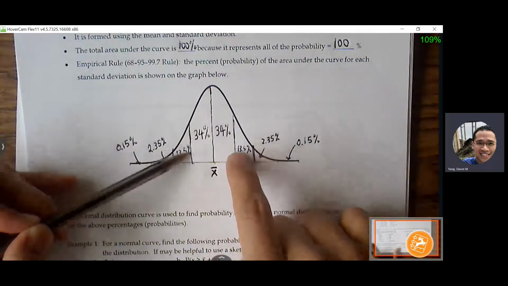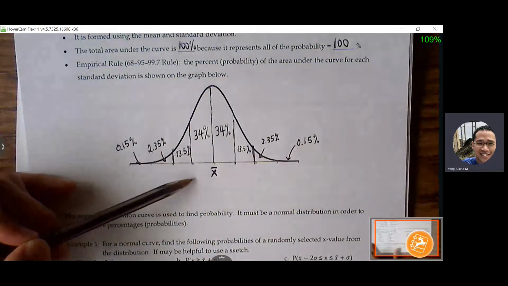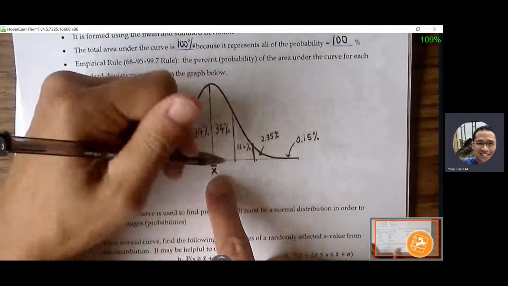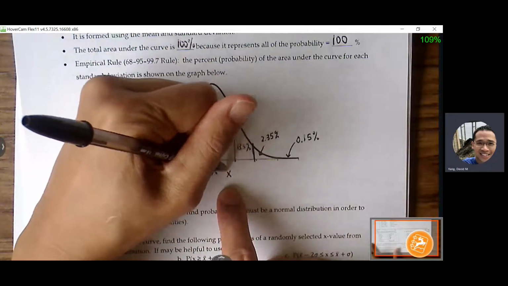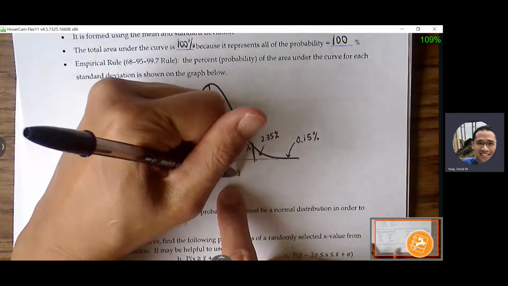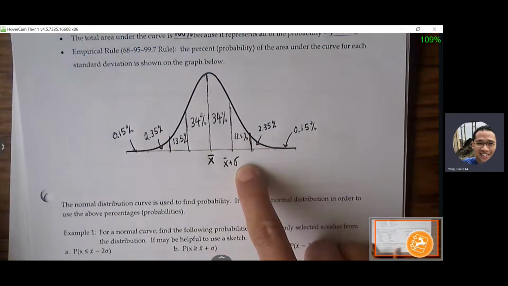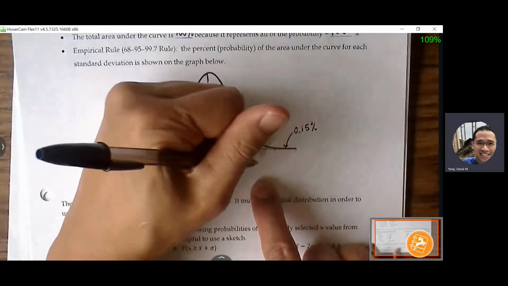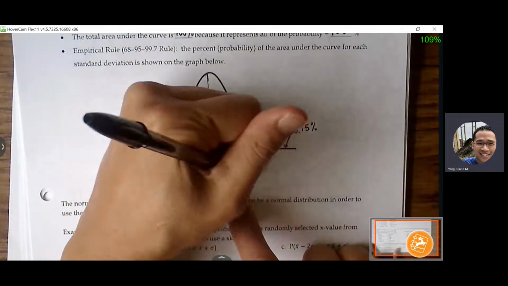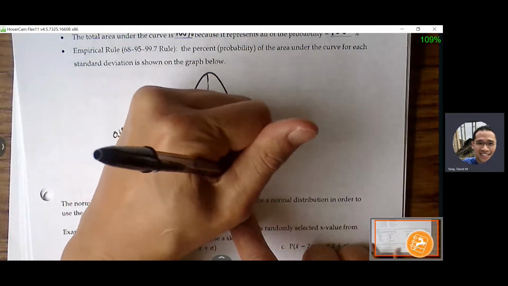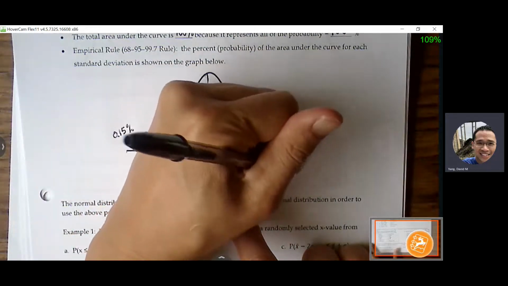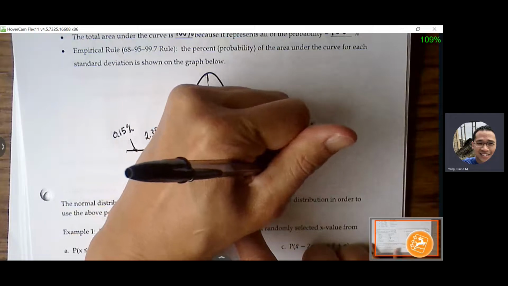And every vertical line is one standard deviation away from the mean. So here, this is one standard deviation more, so plus, and you see that I'm using the lowercase sigma here, so plus 1 sigma. Then the second interval will be x bar plus 2 sigma, and this last bar will be x bar plus 3 sigma.